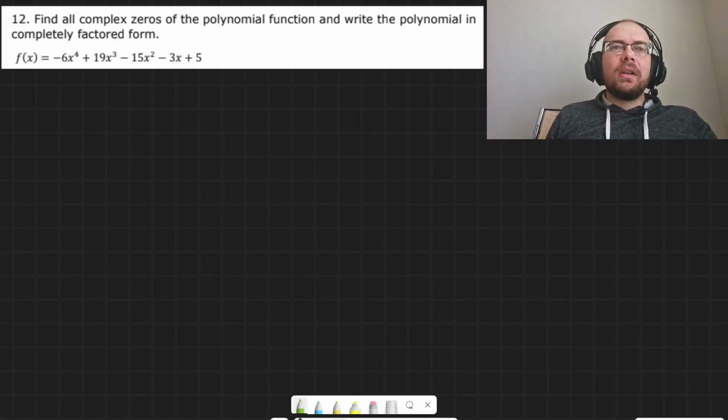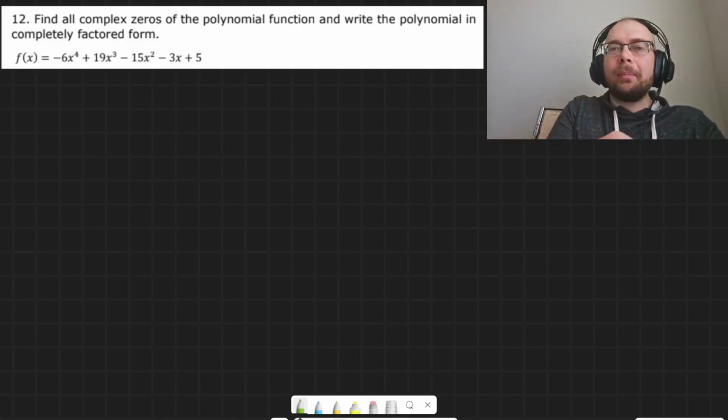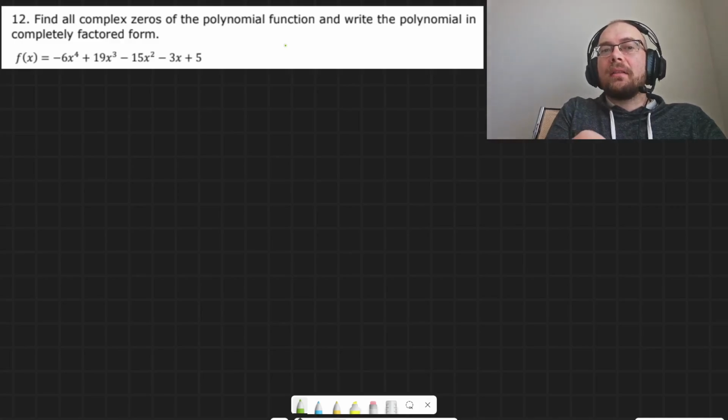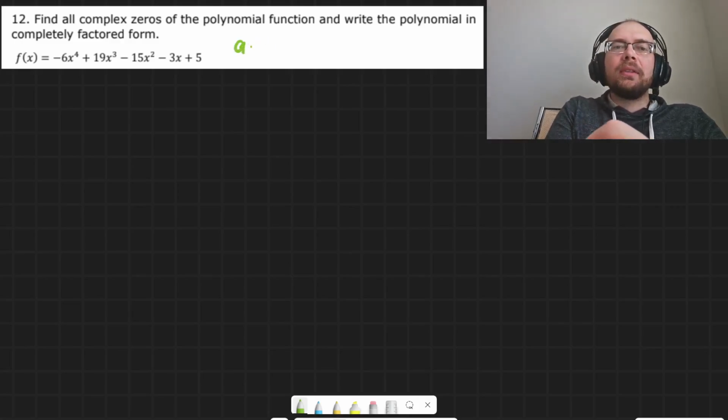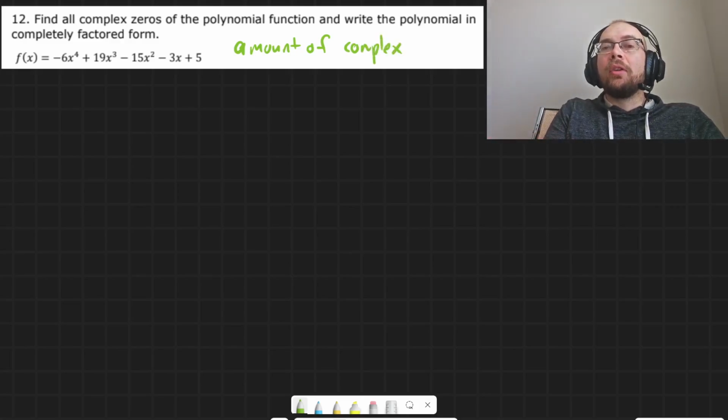They want all the complex zeros, which means they want all the zeros. Basically, if they want all the complex zeros, then we're looking for the degree amount of zeros. So the amount of complex zeros, and this would include multiples. So if there is a multiple, we would count it more than once.